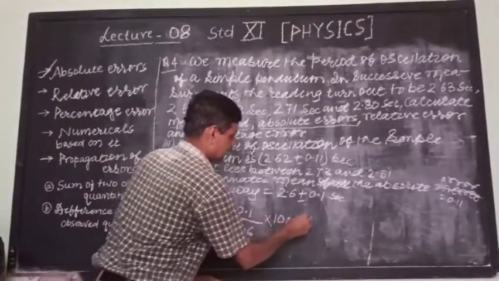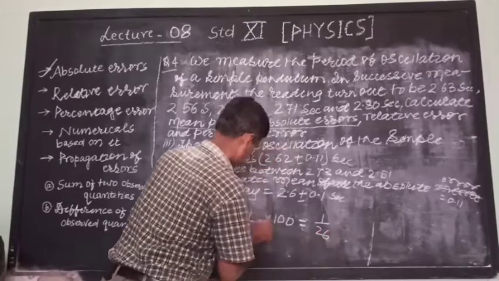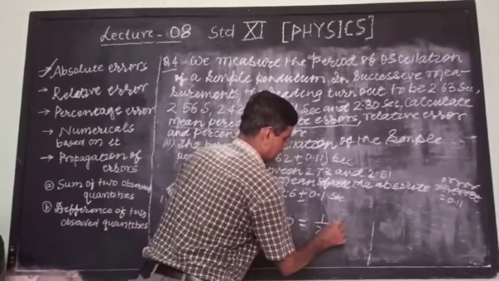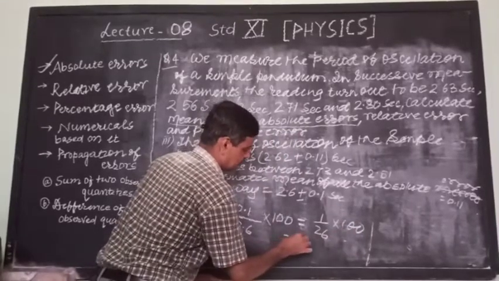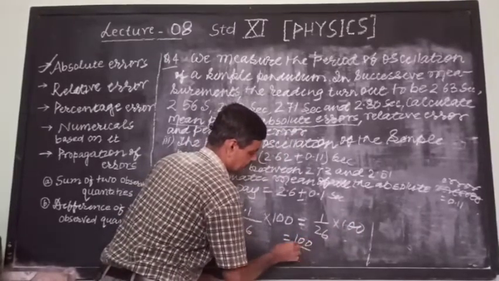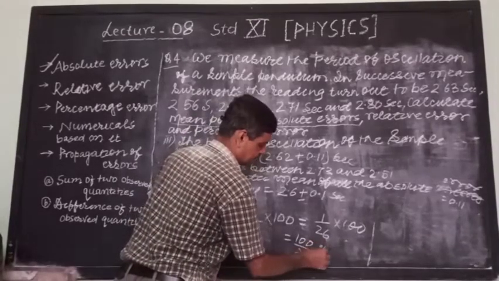Now it can be written as 1 by 26 multiplied by 100. So it will be 100 by 26%.